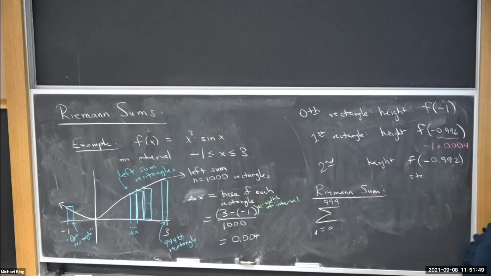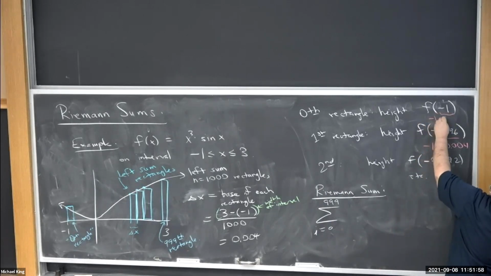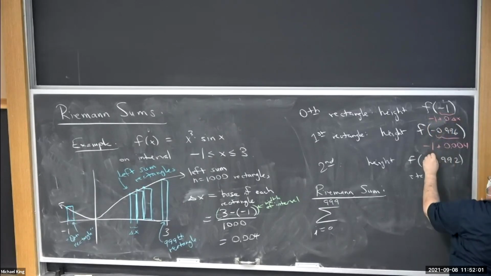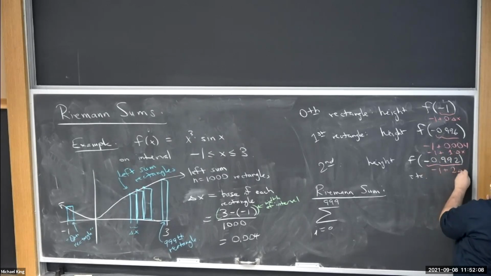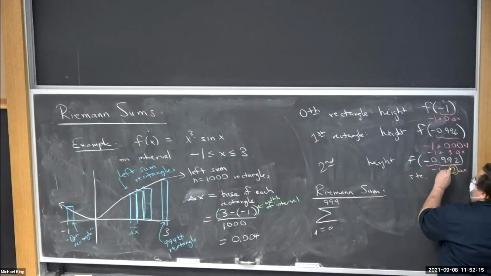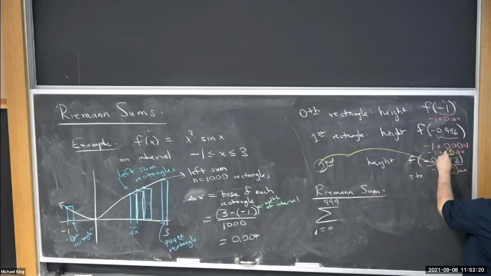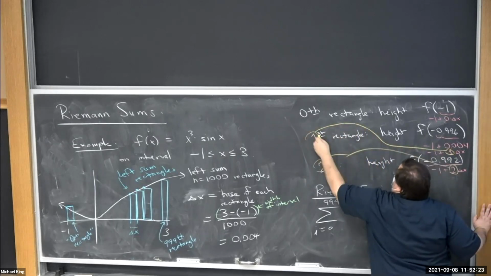By the way, this also tells you why I'm counting from 0, because this number up here is -1 plus 0 delta x's, and this is -1 plus 1 delta x's, and this is -1 plus 2 delta x's. So the number that's right here matches the number that's right there. That's what I'm using to count the rectangles: how many delta x's I've gone over.